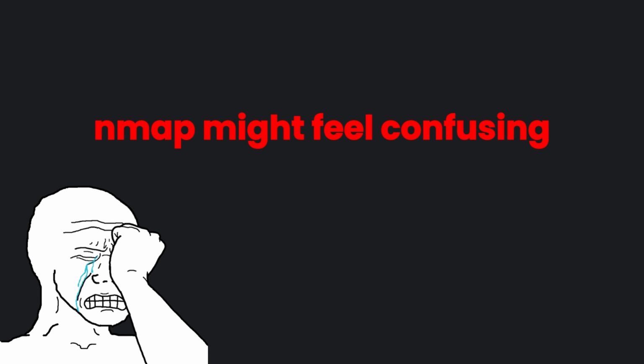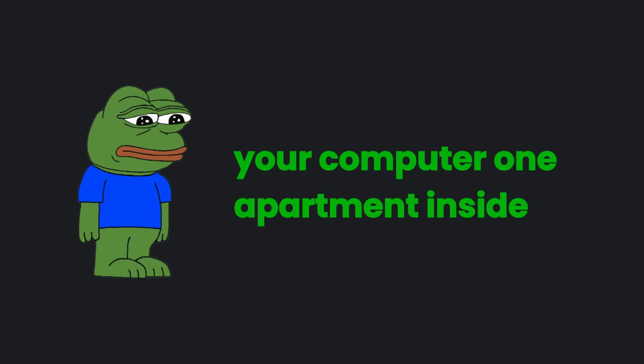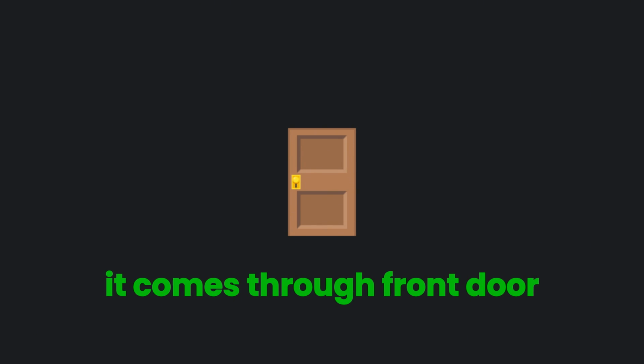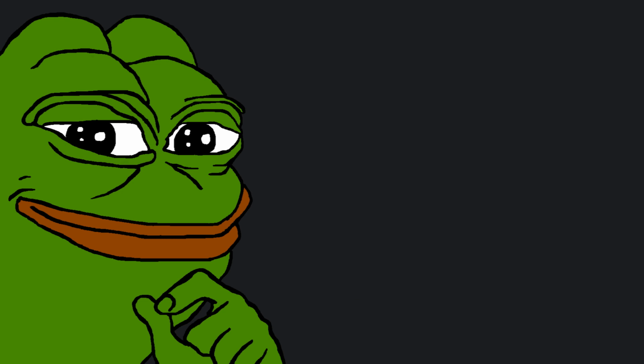Hold up, let's talk about those doors, called ports, because they're super important. If you don't get ports, Nmap might feel confusing. Picture the internet like a giant apartment building, and your computer's one apartment inside. When you order food or get a package, it doesn't just pop into your room, right? It comes through the front door, and someone brings it to your apartment number. Ports are like that. They're numbers that help data find the right spot on your device.